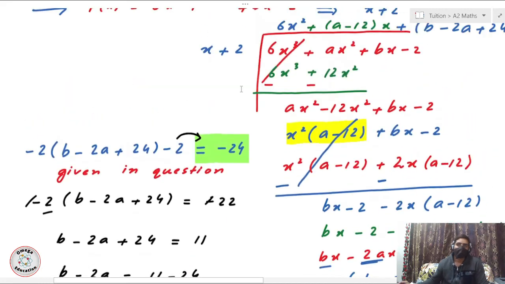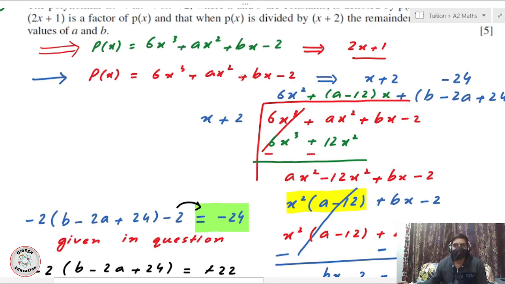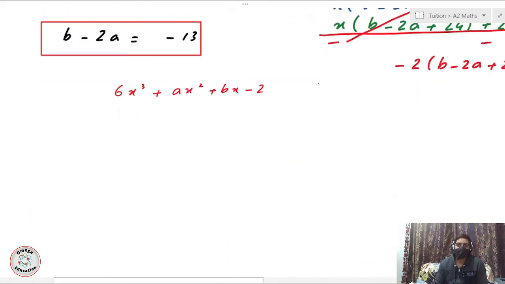This thing has a factor, and the factor is 2x plus 1. So this polynomial, this is your polynomial p of x, and it had the factor 2x plus 1.